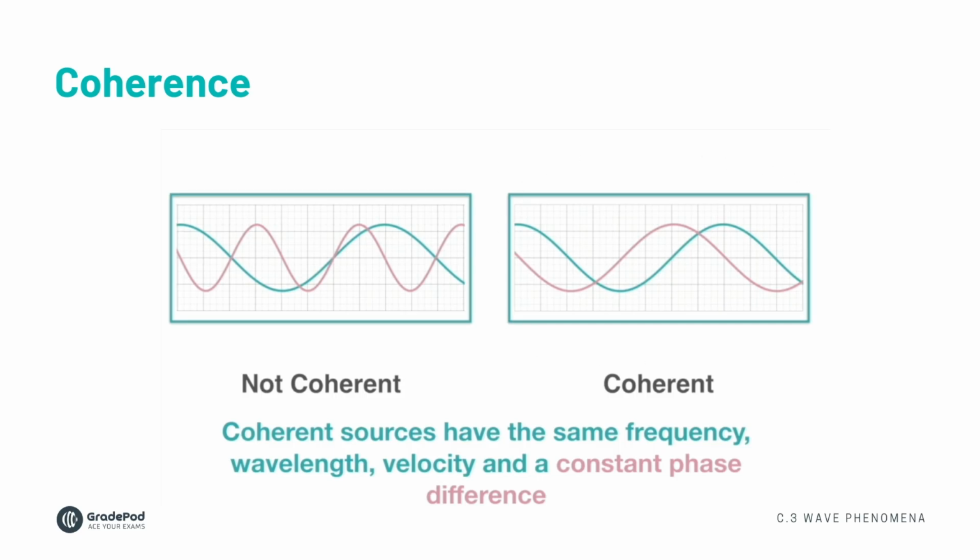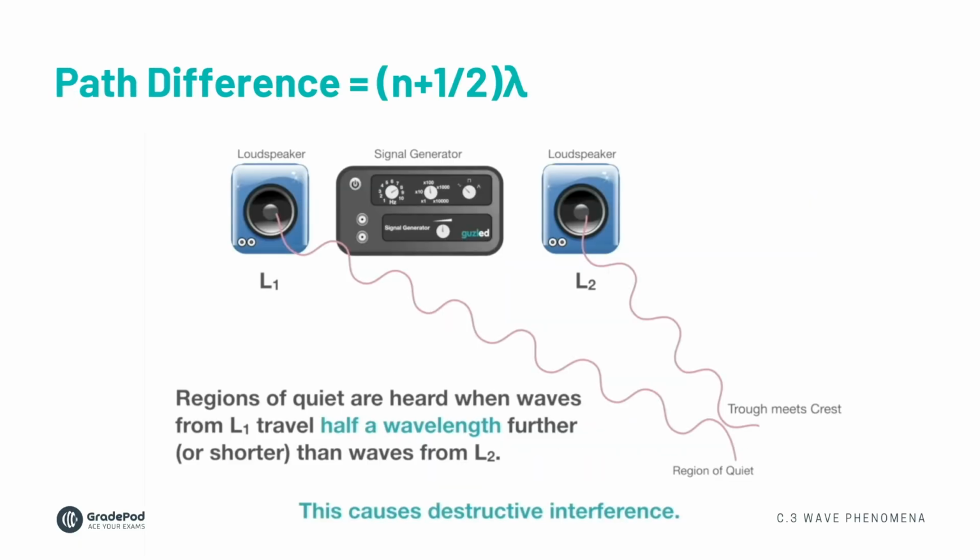Let's add another slight difficulty to the mix. Let's now talk about path difference. What we have here is a signal generator that's attached to two loudspeakers. That means that these loudspeakers are producing coherent waves. This loudspeaker here produces a wave along here, and this loudspeaker produces a wave along there.